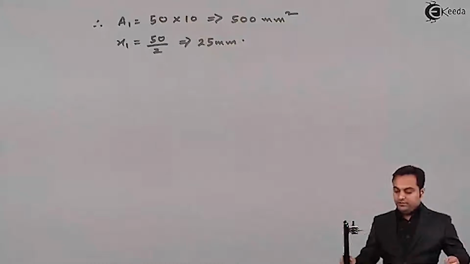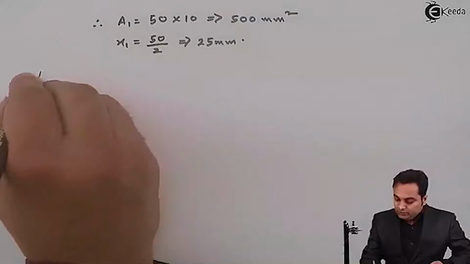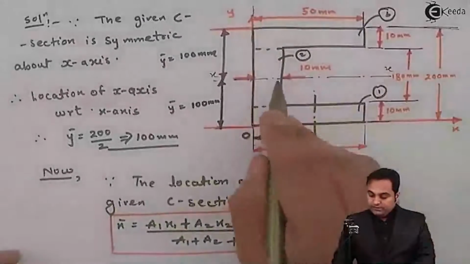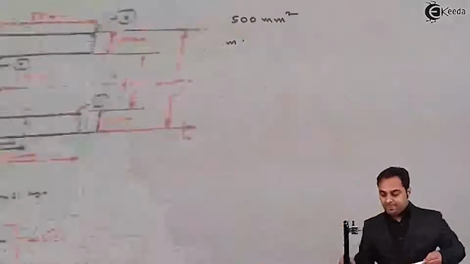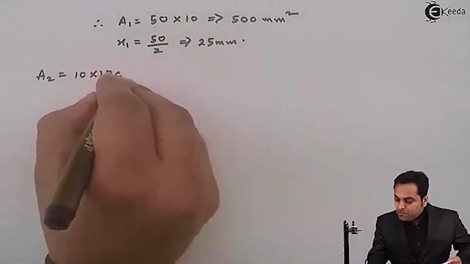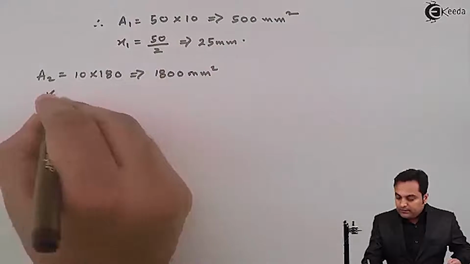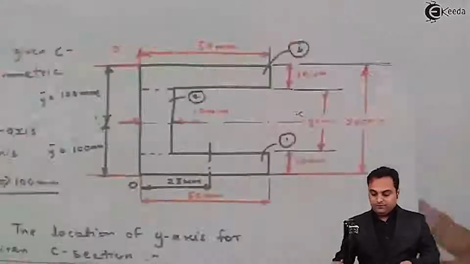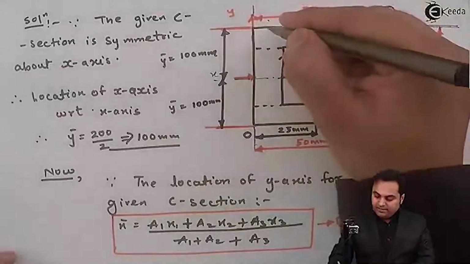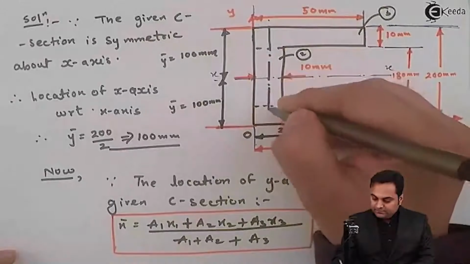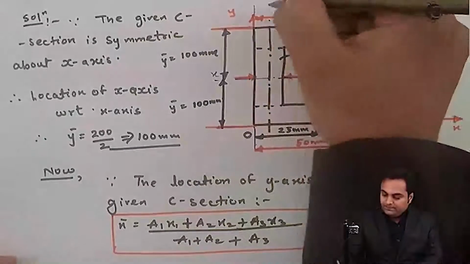Then similarly area 2 will be 10 into 180, and x2 will be, it means the y-axis for the second rectangle, and that is passing at half of 10.